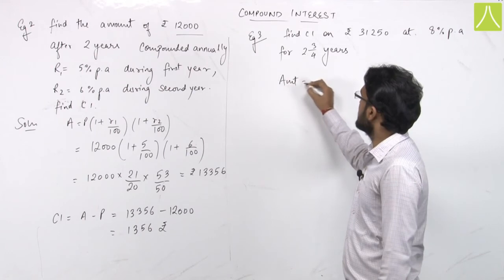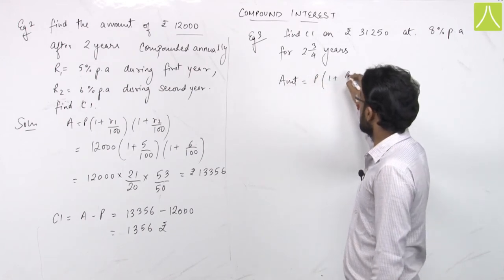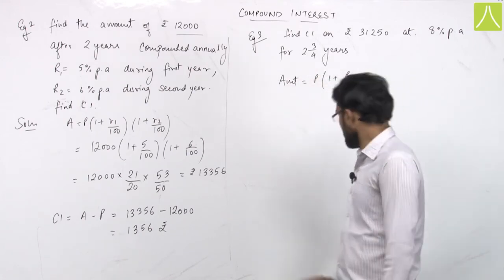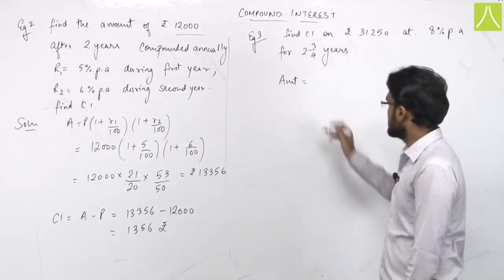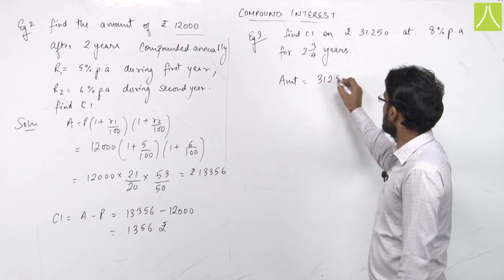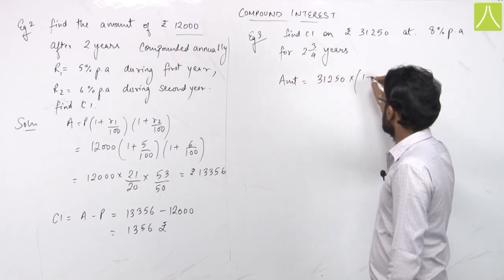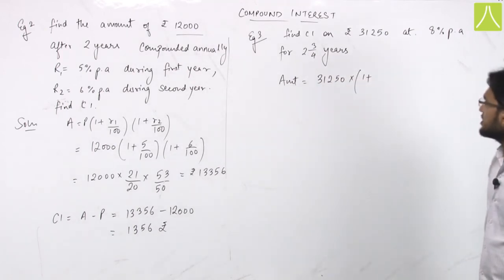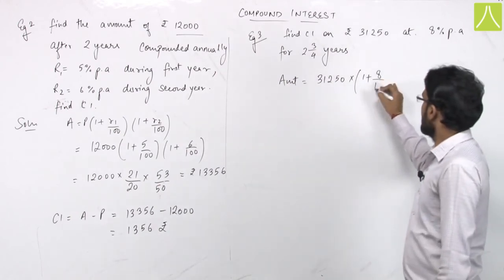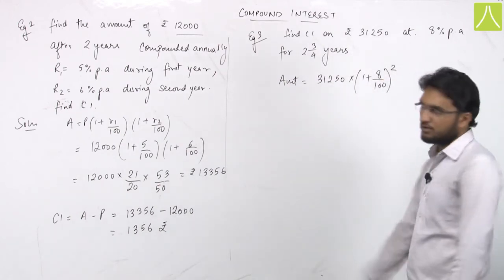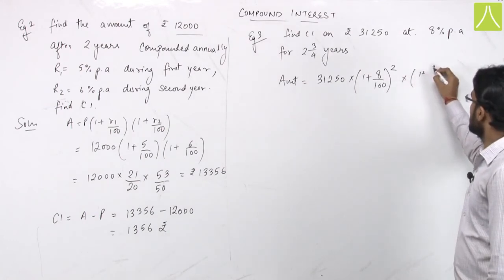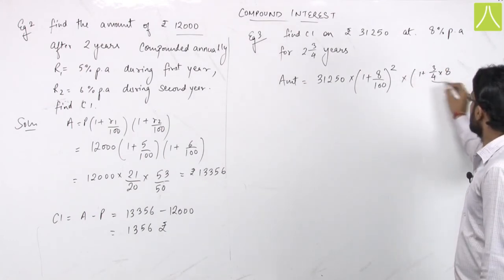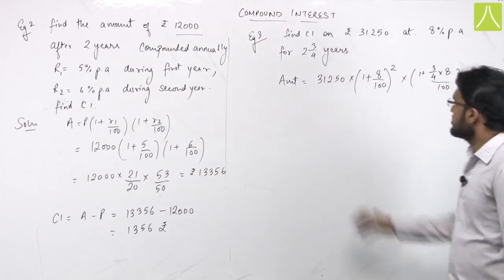That is amount is equal to principal into 1 plus r upon 100, but I am going to directly put the values over here. Principal is 31250 into 1 plus r, where the rate of interest is 8%. For 2 years you have to calculate over complete years, then into 1 plus the remaining part, 3/4 into 8 upon 100.